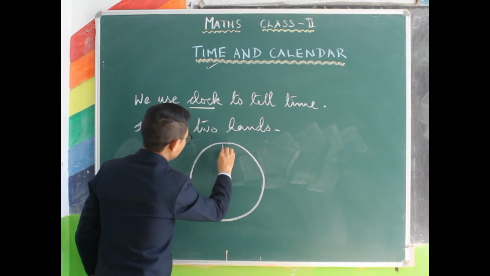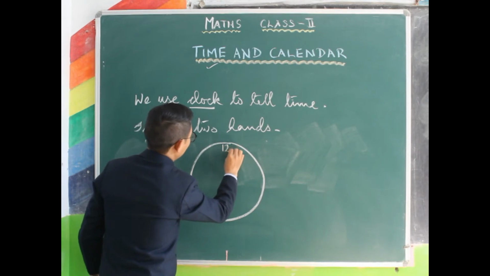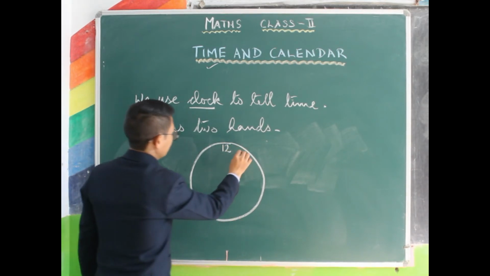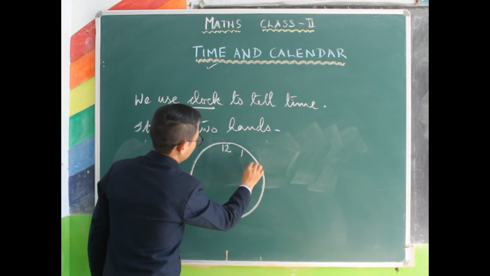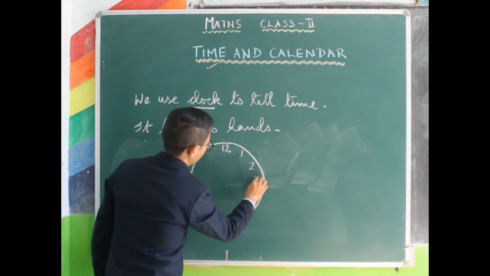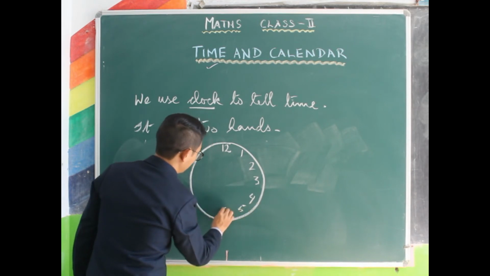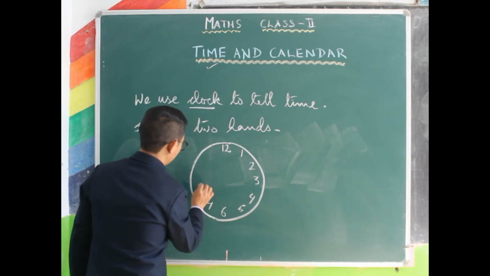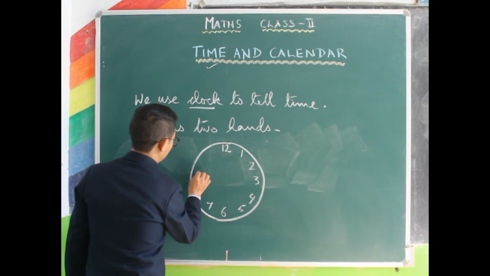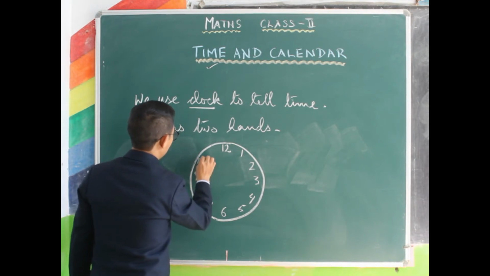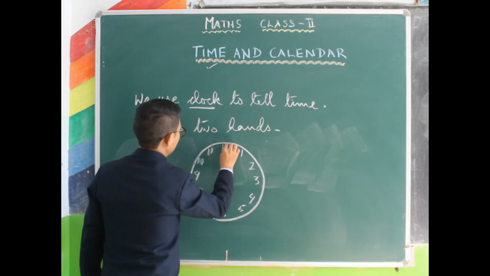The numbers in a clock are 1 to 12, starting from 1, 2, 3, 4, 5, 6, 7, 8, 9, 10, 11 and 12.